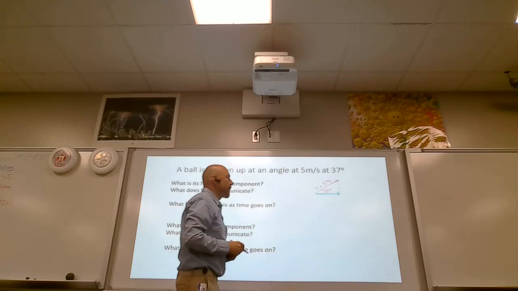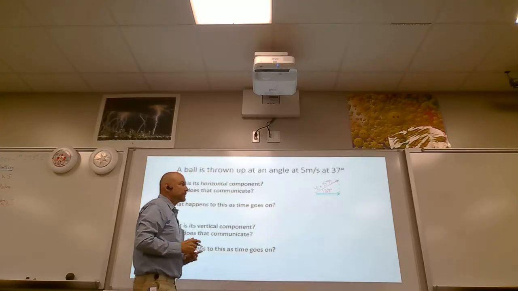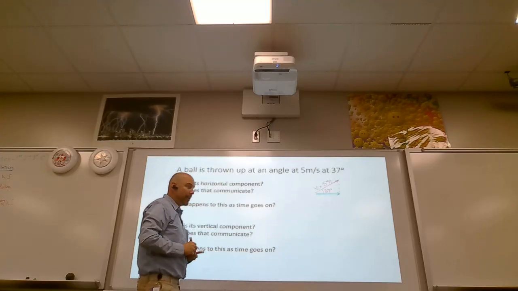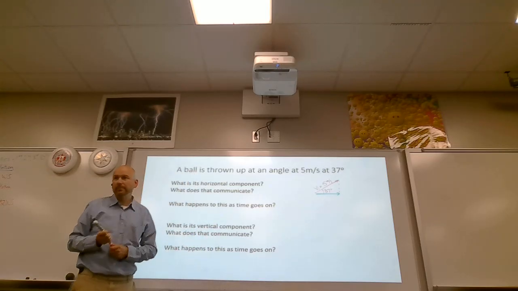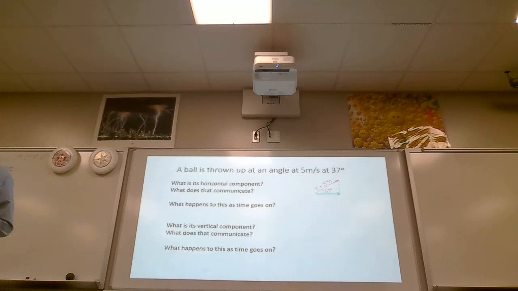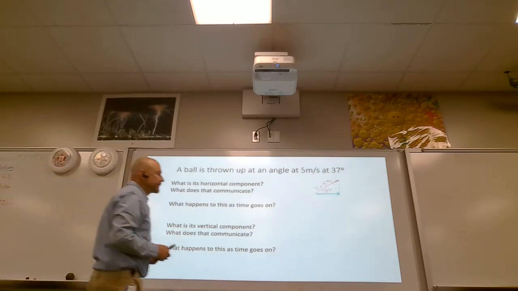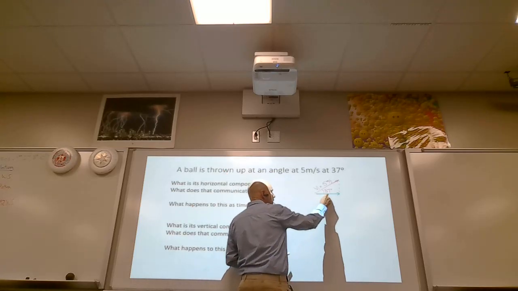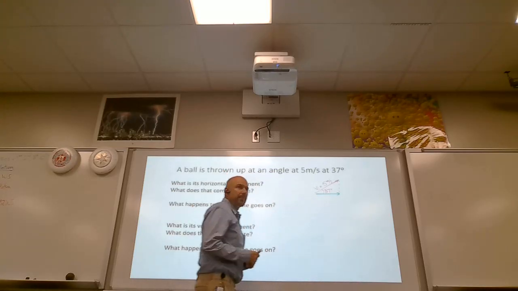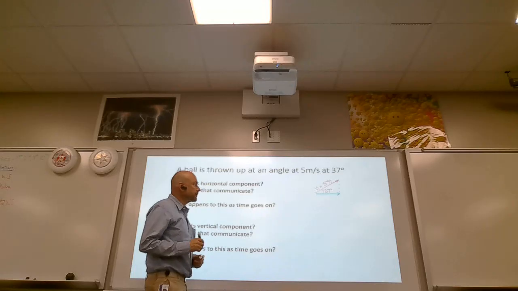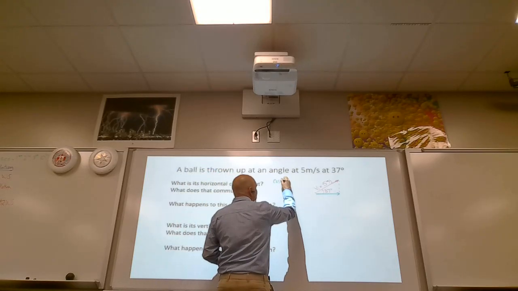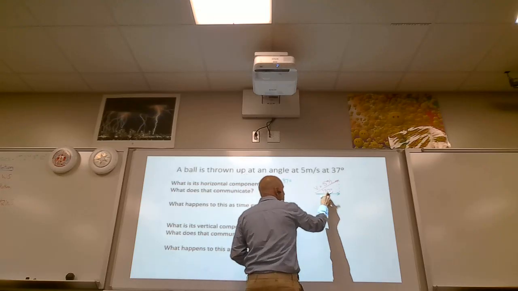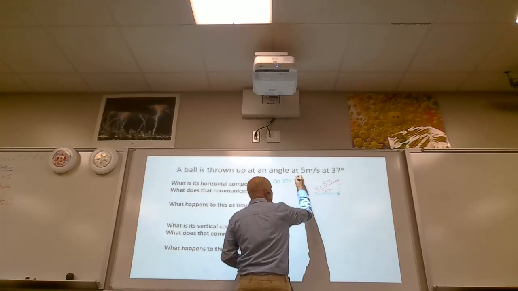Horizontal component. To find the green side, tell your neighbor which trig function you're going to use. Cosine. Is that the adjacent? Here's the hypotenuse.